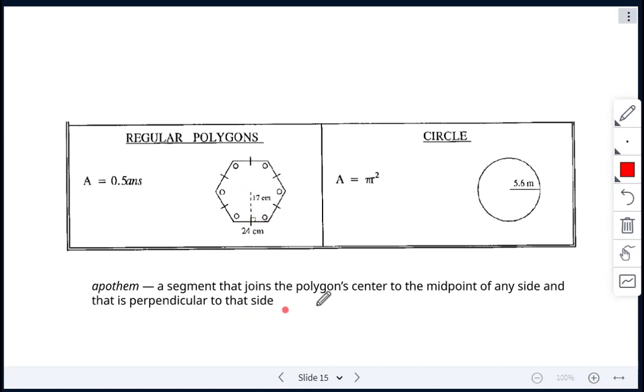It's a segment that joins the polygon's center to the midpoint of any side, and it is perpendicular to that side, shown with that little square, showing it's a 90-degree angle. So that's the apothem with the lowercase a. And then n is the number of sides. Let's write that out here. N is number of sides. And then the s is the side length.